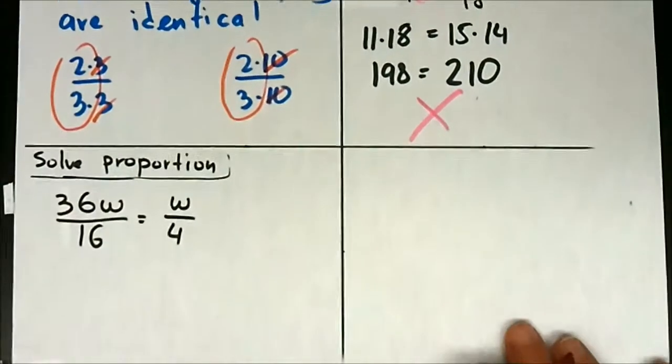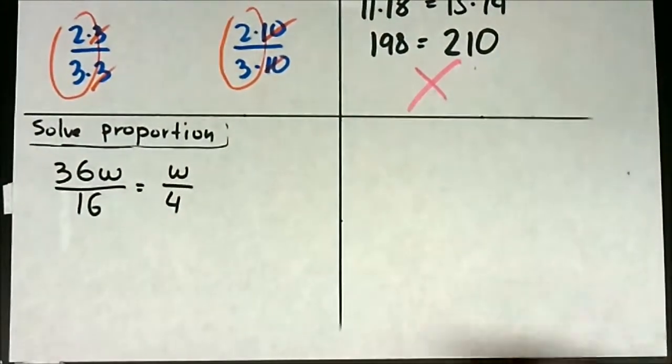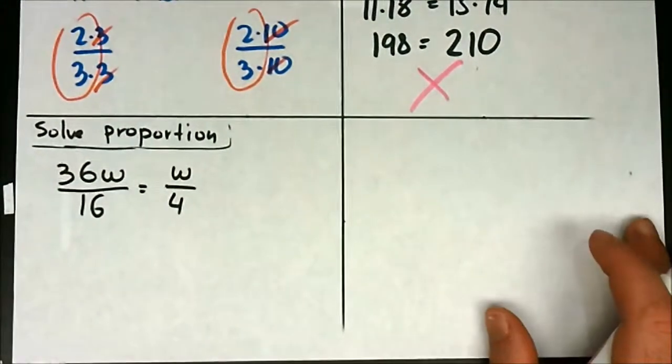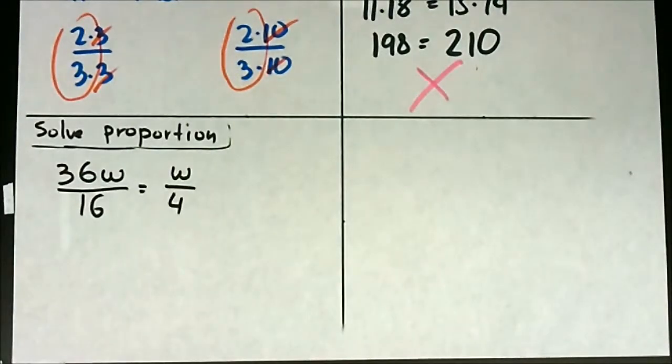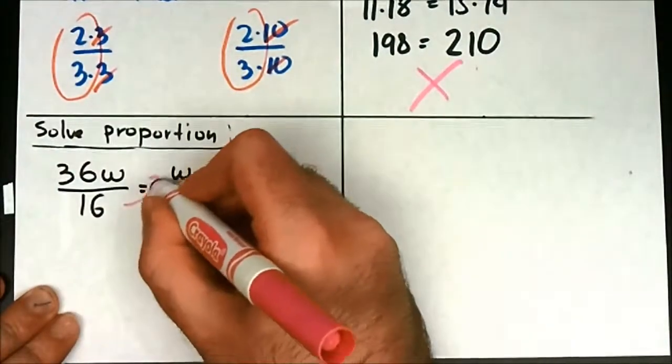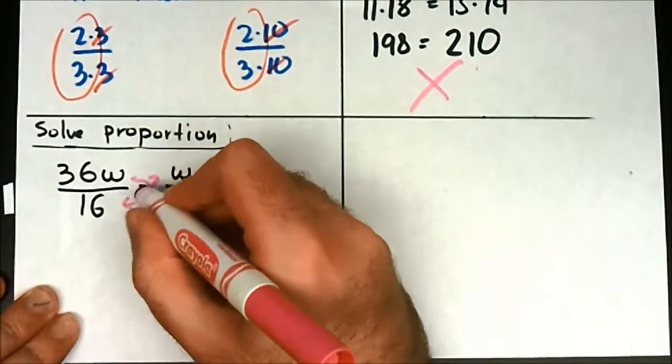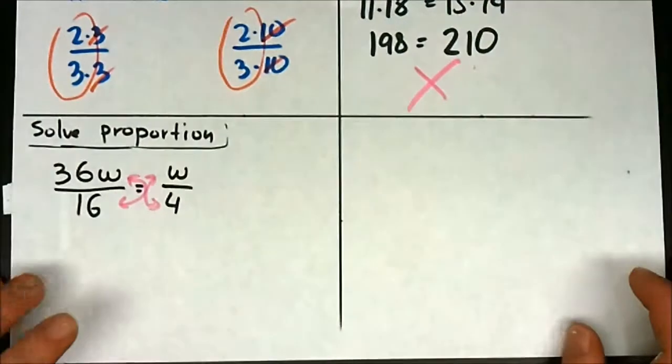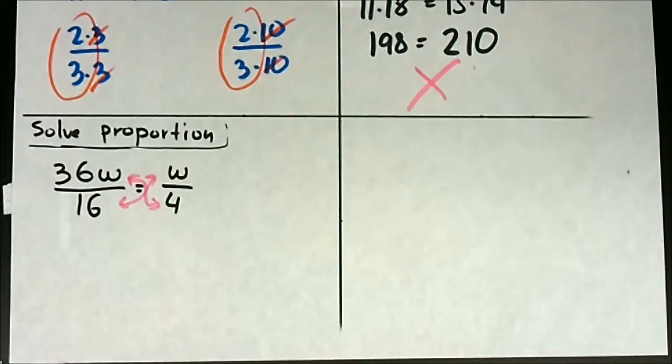Alright, next up, let's see here. We have this problem here on the bottom left. You're asked to solve the proportion. What would you do? Same thing that you did before. Cross multiply it. And then the rest is simple.